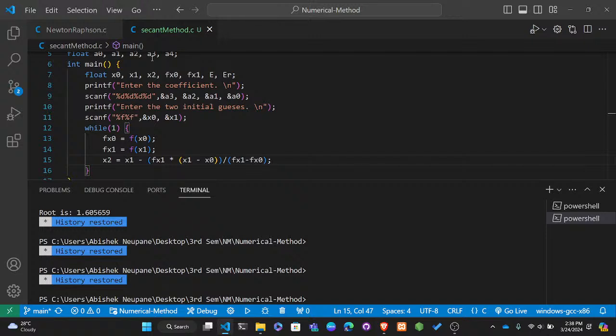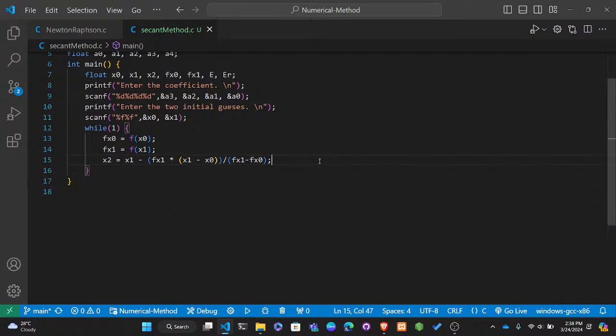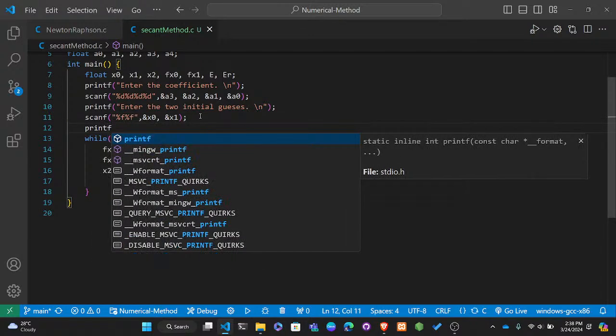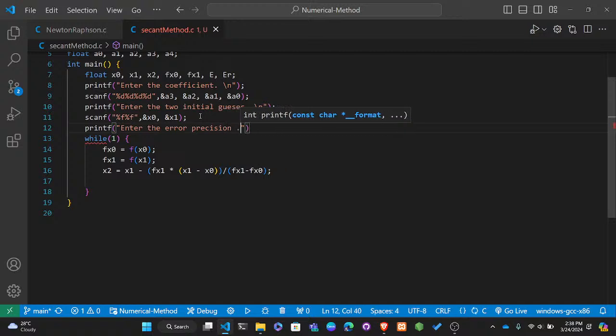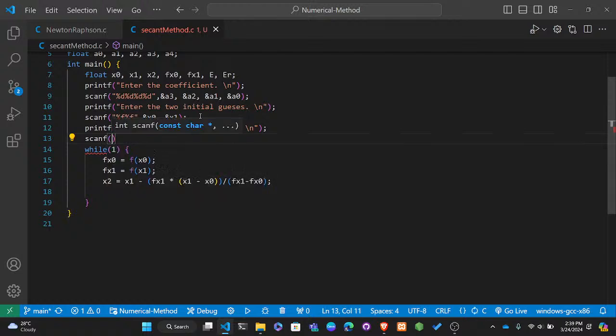So let's close this console for a second for some space. Now after calculating x2, we should calculate the error. In our case we forgot to ask for the error precision from the user, so we should ask: scanf %f e.